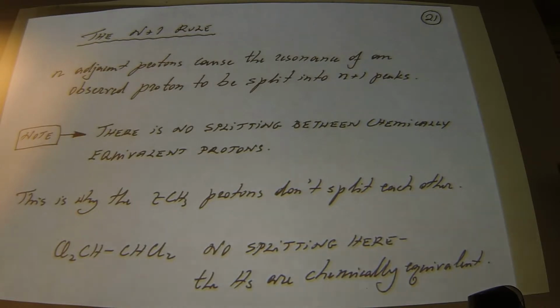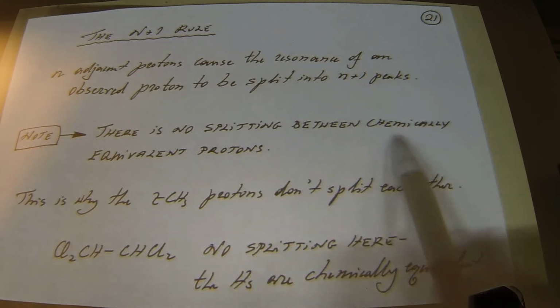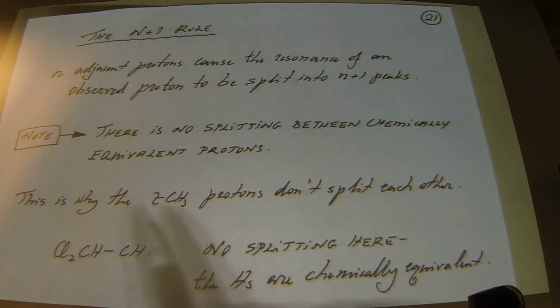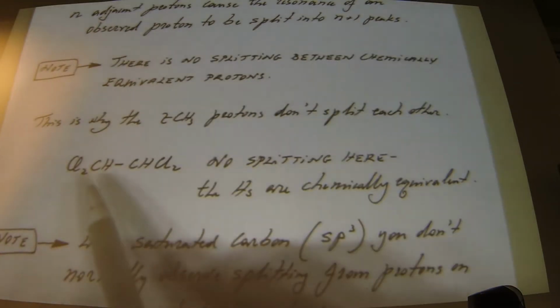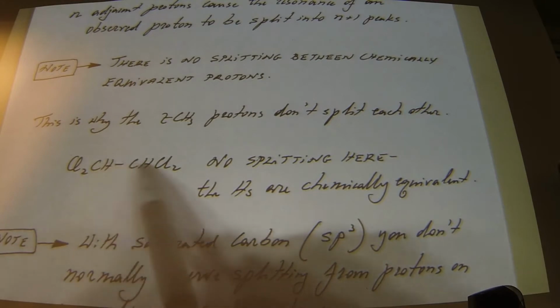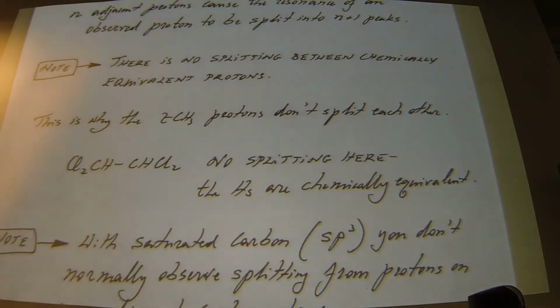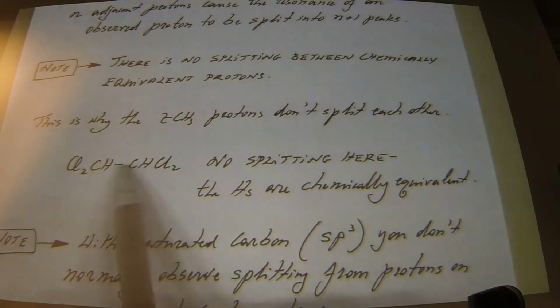Because those are stereochemically equivalent protons, therefore chemically equivalent, therefore chemical shift. That's why the CH3 protons don't split each other. That's why the CH2 protons don't split each other. It's also why these two don't split. These two show up as a singlet. Why? Because they are chemically equivalent. And so if they are stereochemically equivalent, they don't couple, they don't split. And so these two are singlets.